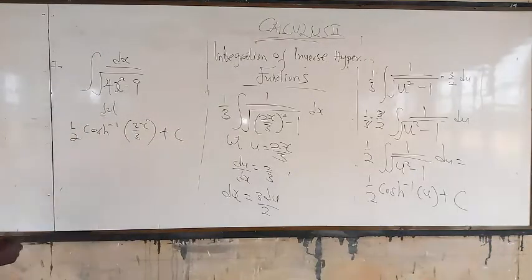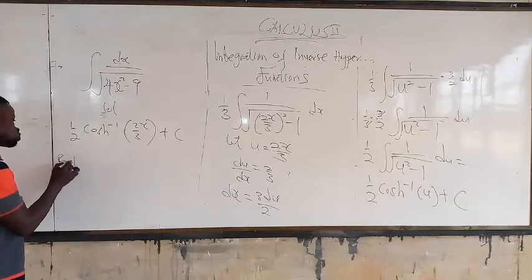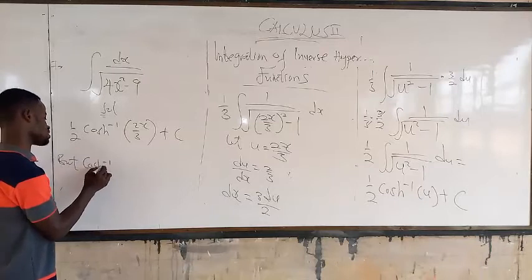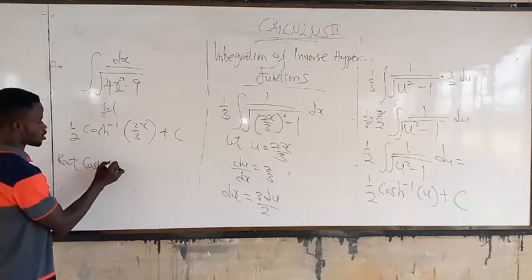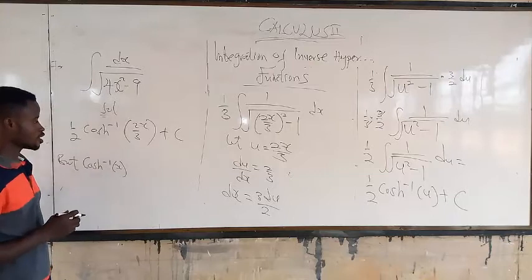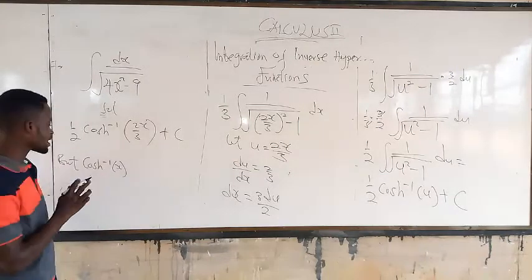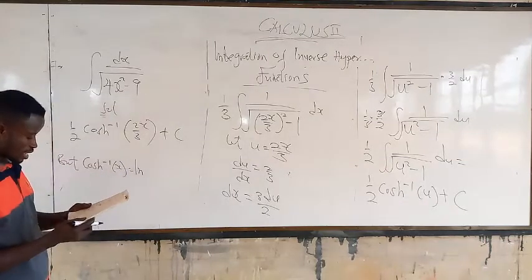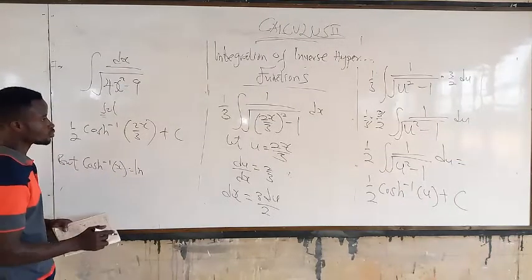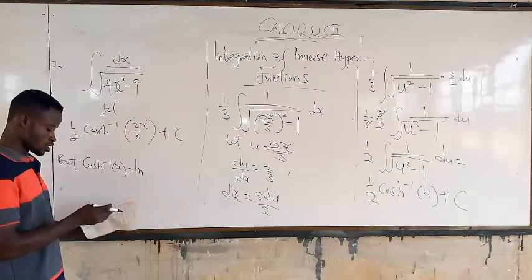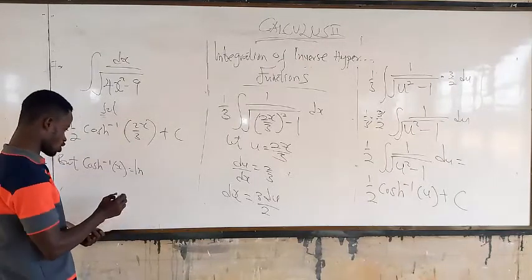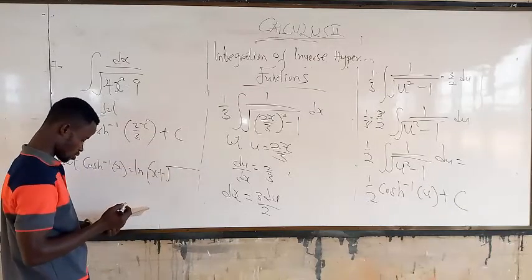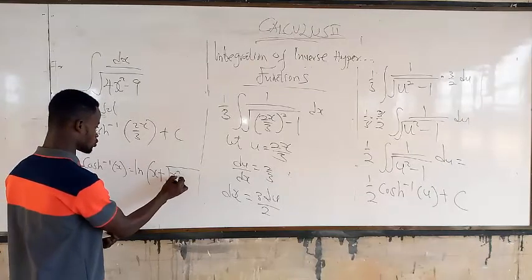But we know that cosh inverse of s is equal to ln of s plus square root of s squared minus 1.